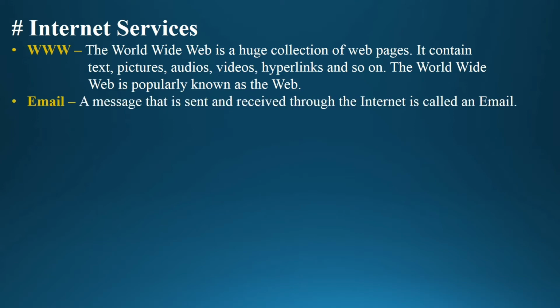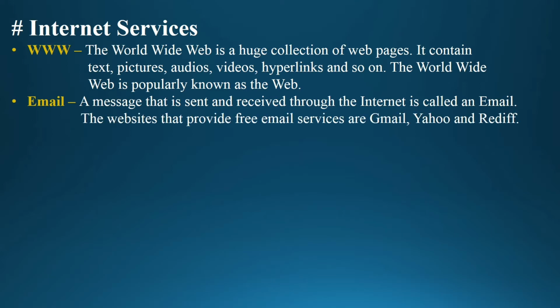A message that is sent and received through the internet is called an email. It is the fastest way of sending messages. One can send an email to a number of people at the same time. The websites that provide free email services are Gmail, Yahoo, and Rediff.